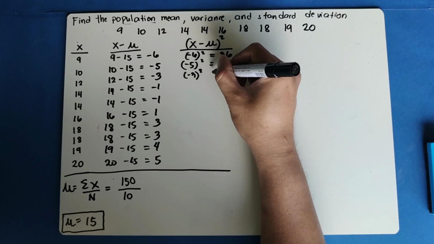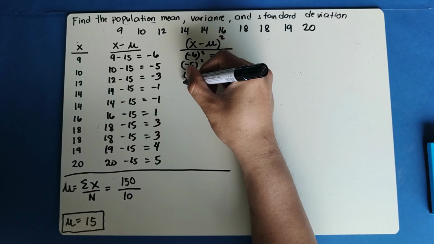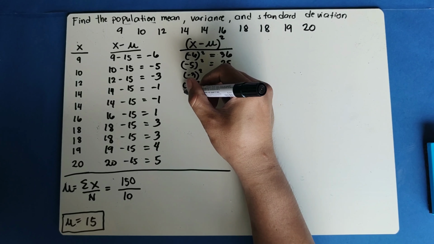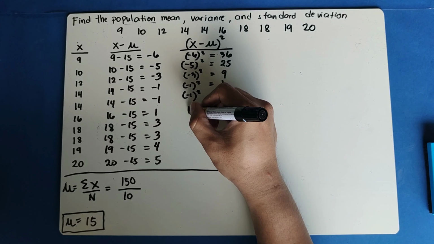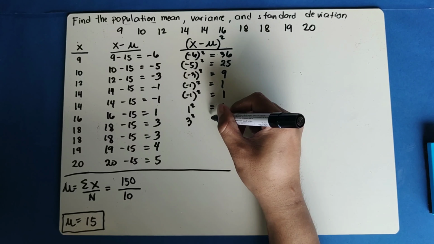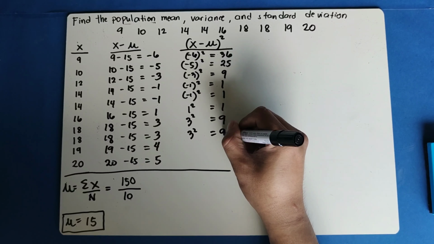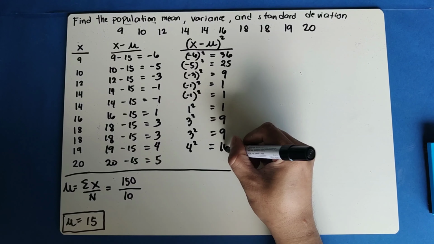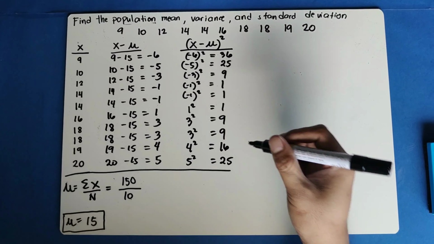Negative 3 squared is 9. Negative 1 times negative 1 is 1. Negative 1 times negative 1 is 1. 1 squared is 1. 3 squared is 9. 3 squared is 9. 4 squared is 16. And 5 squared is 25.